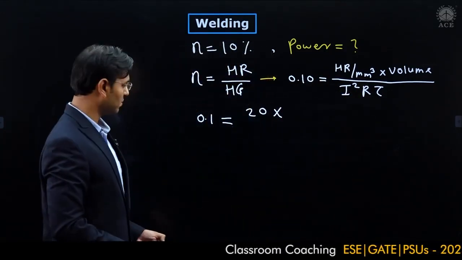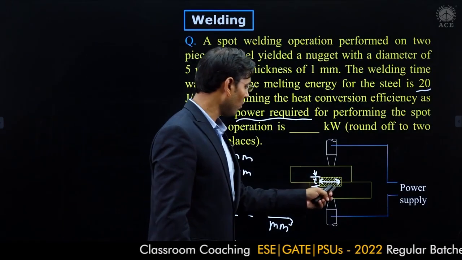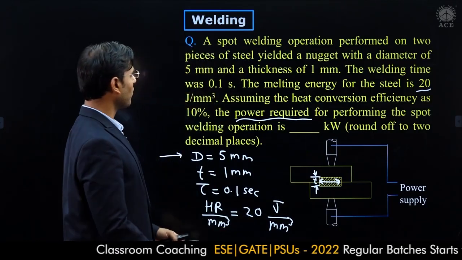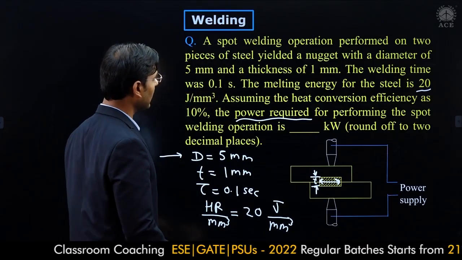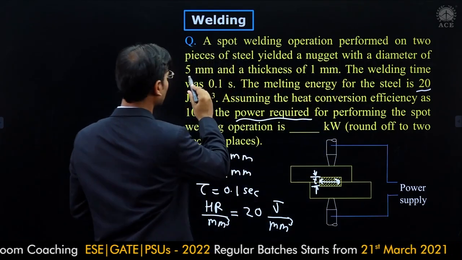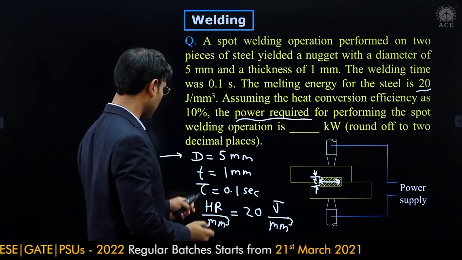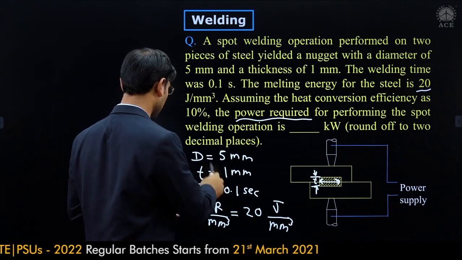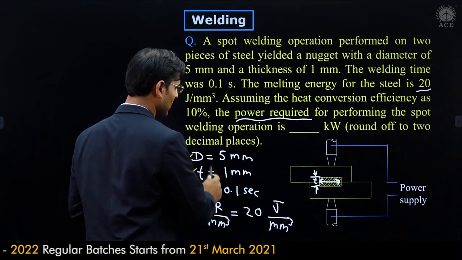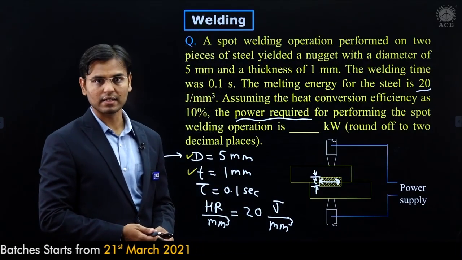What is the volume? See here, it is the volume of this nugget. Look at the dimensions of the nugget. The diameter and thickness of the nugget are given. This means the nugget is a dish-type nugget, correct.